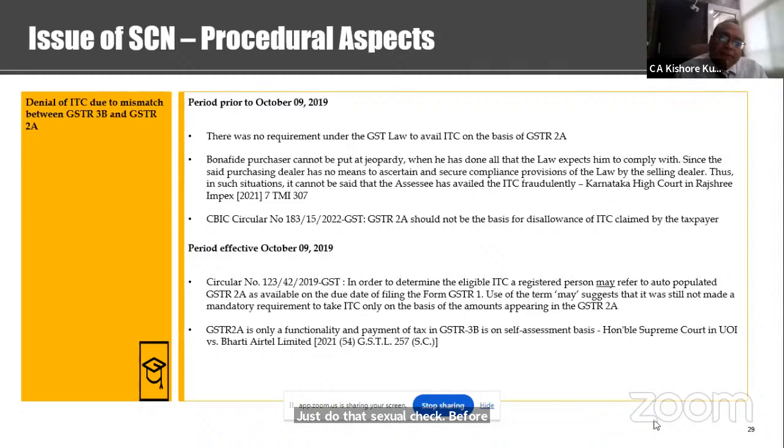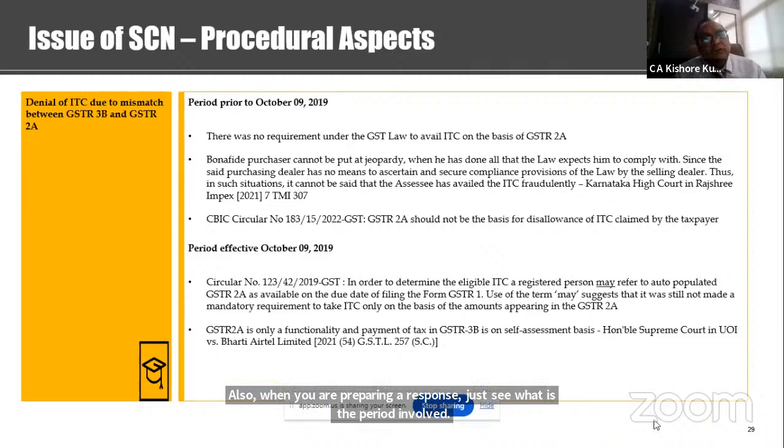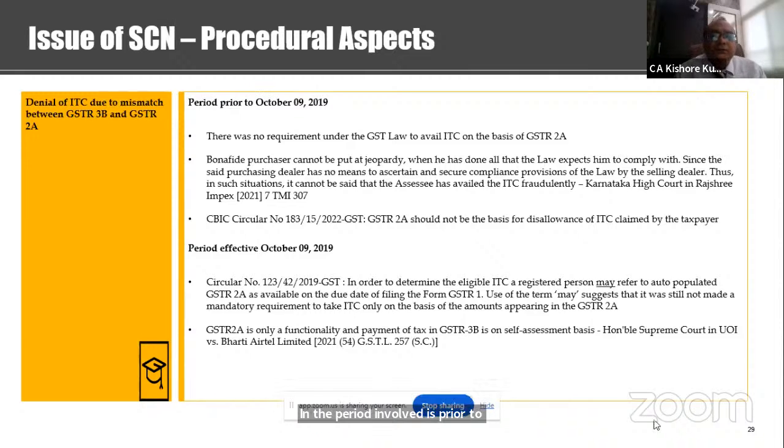Also, when you are preparing a response, just see what the period involved is. If the period involved is prior to October 9, 2019, in that case, there was no requirement under the GST law to avail the credit on the basis of GSTR 2A. And the department cannot ask me to do a thing which is not given in the law.